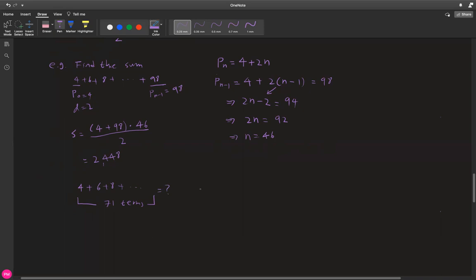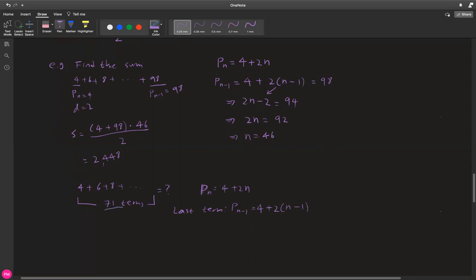So knowing that p sub n equals 4 plus 2n, we can actually find the last term in the sequence. The last term, which we always define as p sub n minus 1, we can simply put as 2(n minus 1) here.